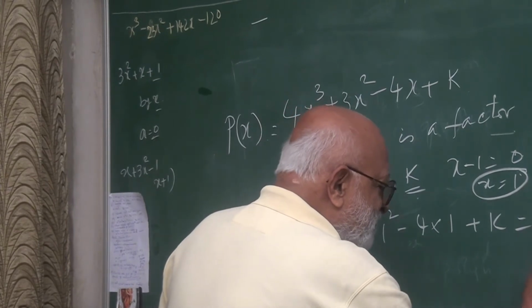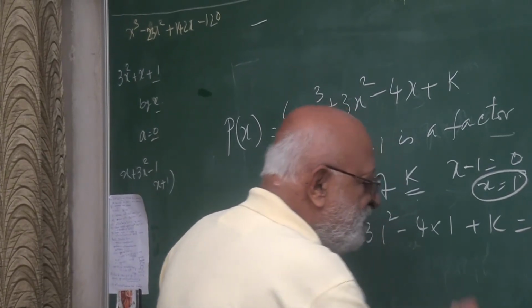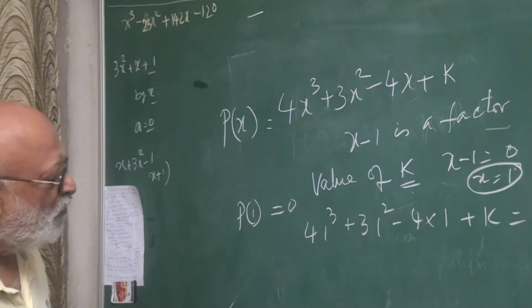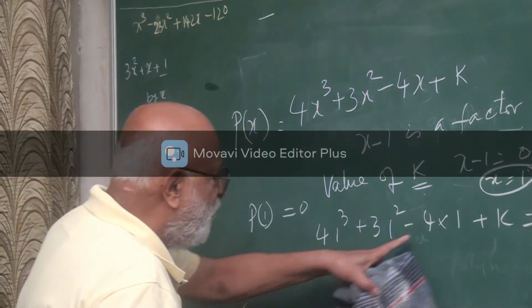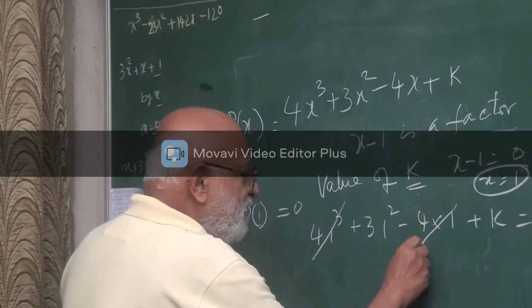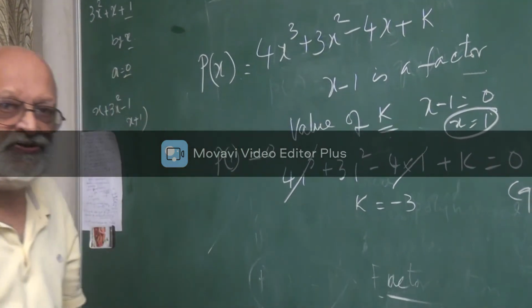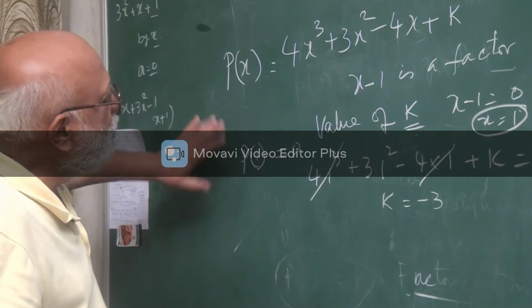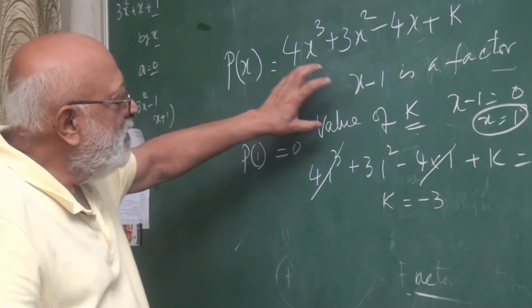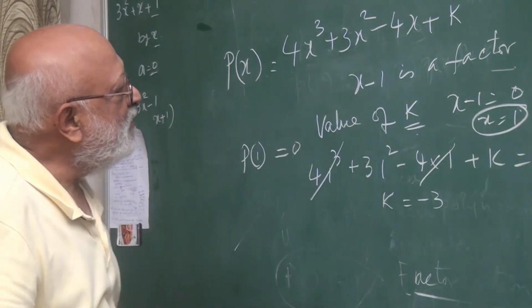It's given. So 3 into 4 will be cancelled, so k will be minus 3. So this is the way you utilize your remainder equations.